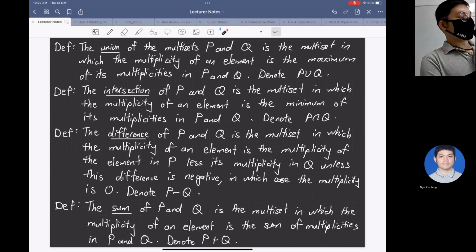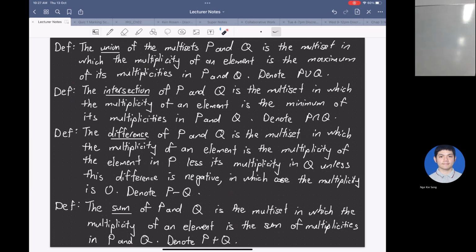Okay. And the difference is you take the difference. If it is negative, take the maximum between the difference and 0, because sometimes you will get negative, but there's no negative element inside your set. So you take 0.